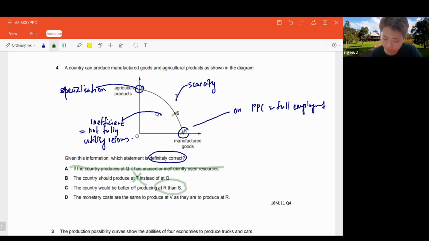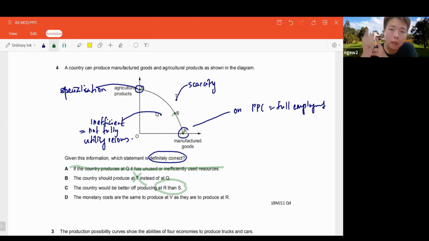The country would be better off producing R than S. Okay, would be better off, meaning that if the country goes for combination R, which is specialized in manufactured goods, it is better than combination S. First of all, how can you tell which combination will be best for the country? Secondly, guys, if you look at combo R, the country produces only manufactured goods.